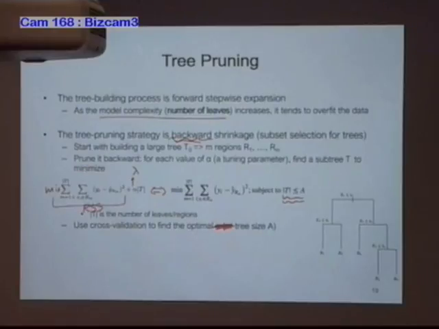This is more or less because tree size is discrete. If we start with a tree with 8 leaves, when we want to prune, we have 7, 6, 5, all the way to 1, right? We only have a finite set of possibilities. Thinking in terms of alpha is not straightforward. There are so many possible alphas, right? But mathematically, they're the same. So we can use cross-validation to find our optimal tree, and we can prune our tree, okay? Shrink it a little bit.